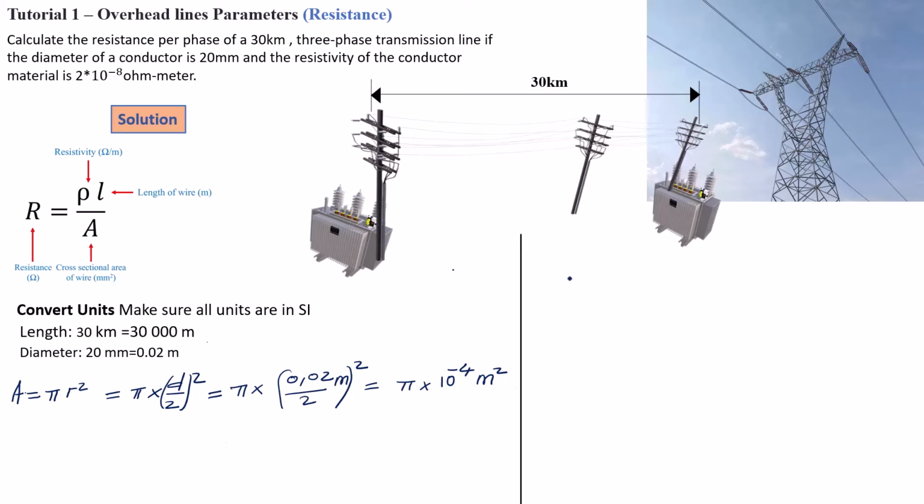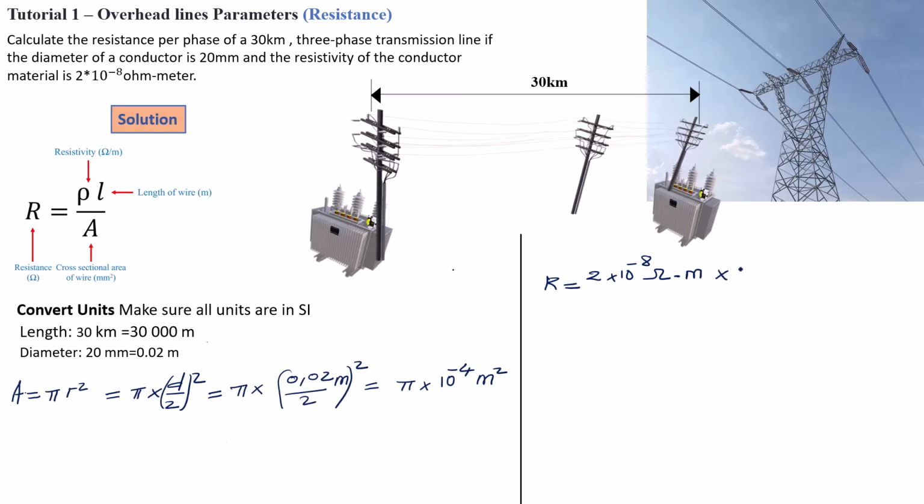So let's go ahead and solve for our resistance. So we're going to have R. The resistivity of the material is 2 to the power negative 8. So it's ohm meter, right?